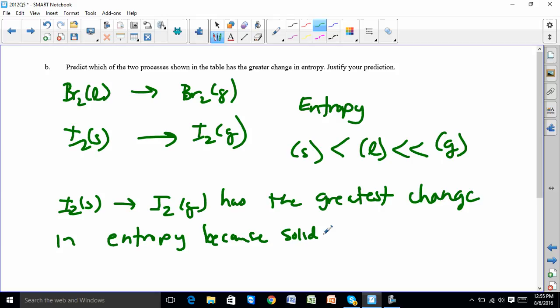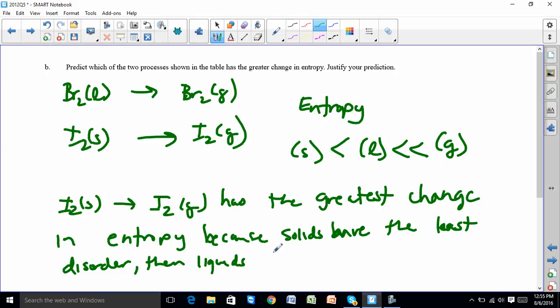Solids have the least disorder, then liquids, then gases, something like this.